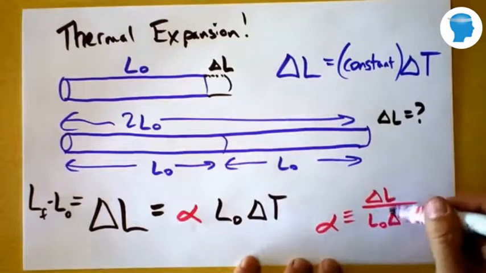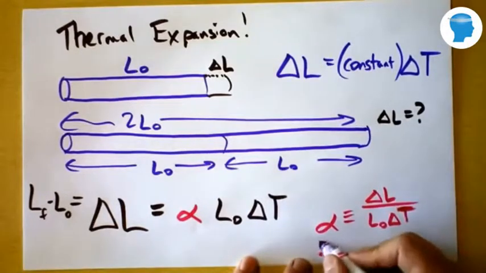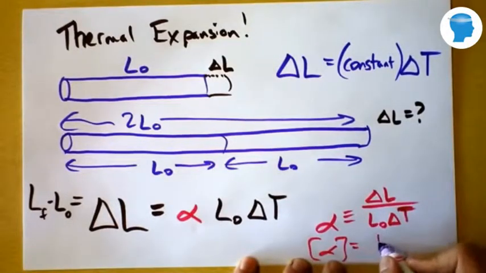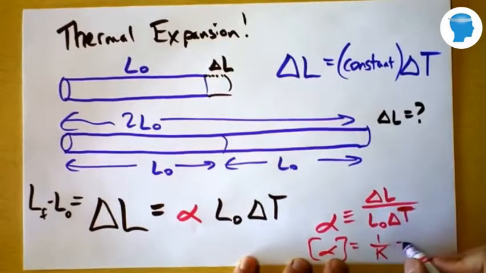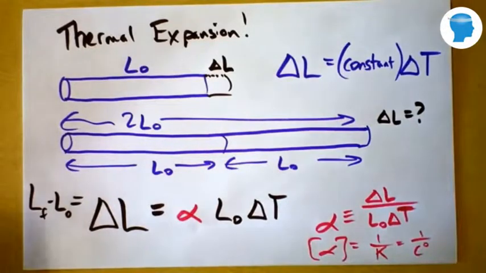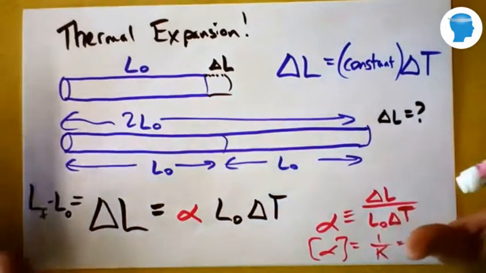Delta L and L have the same units, so alpha's units are 1 over Kelvin. And I guess that's the same thing as 1 over a Celsius degree. Interesting. I guess that's really cool.